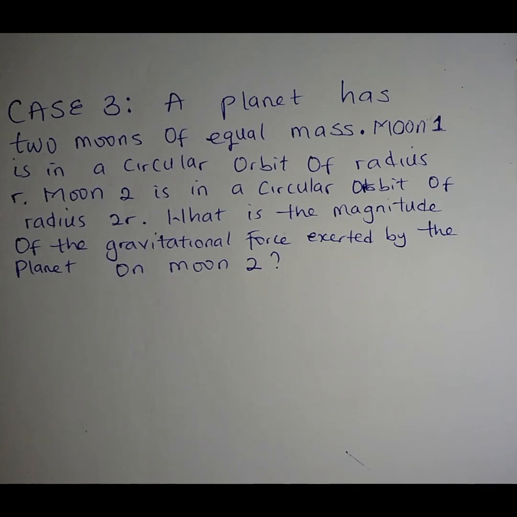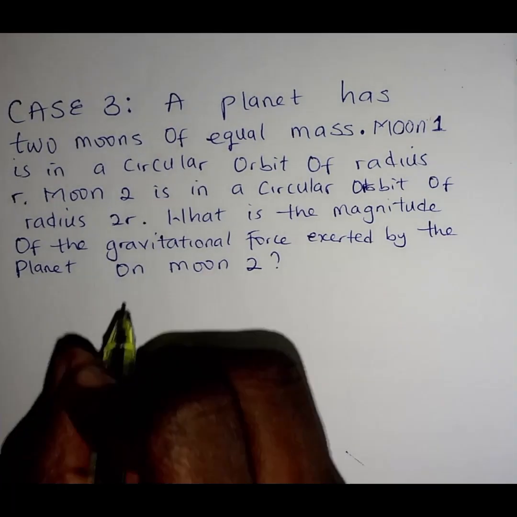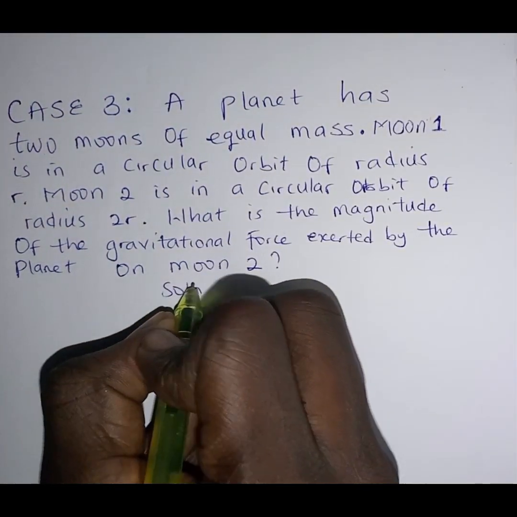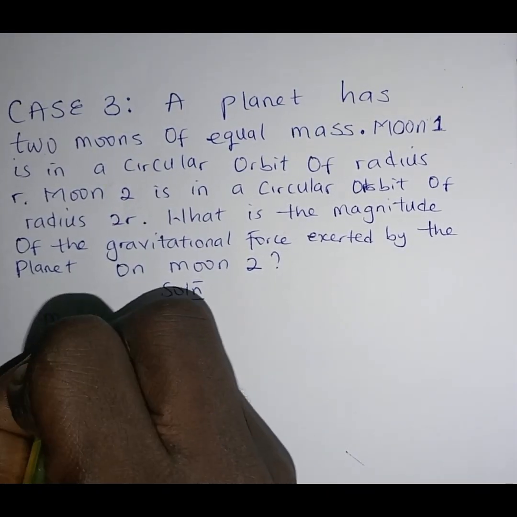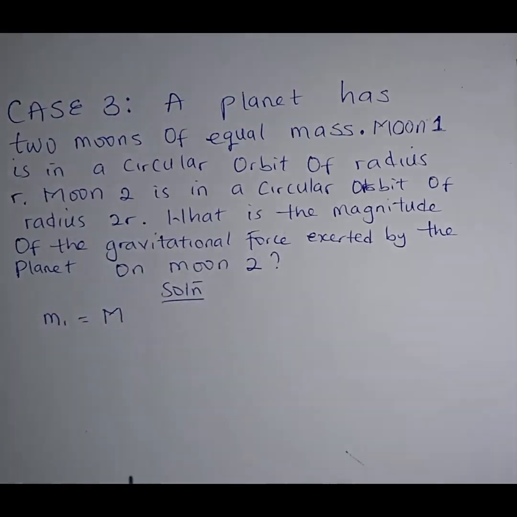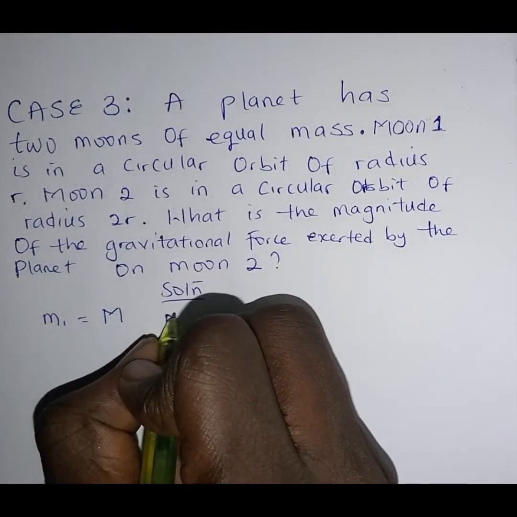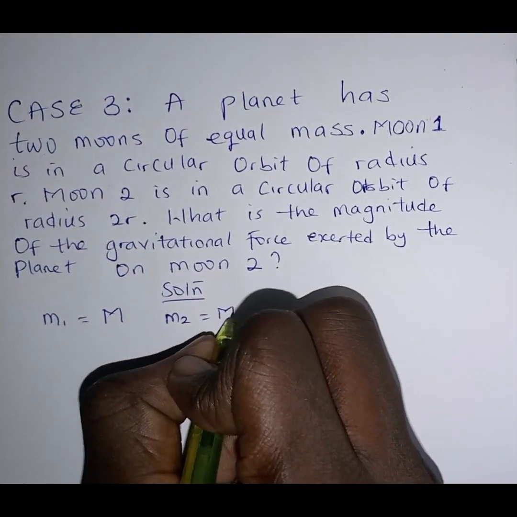So now we move down to case studies. A planet has two moons of equal mass. That is, moon 1 has mass m and moon 2 has equal mass of mass m.